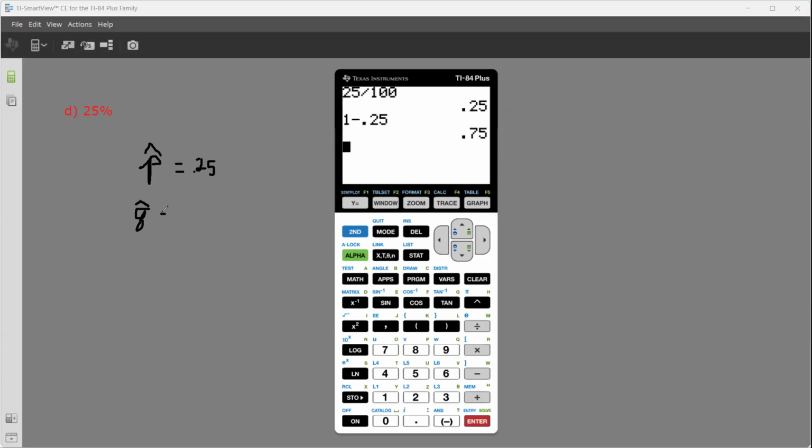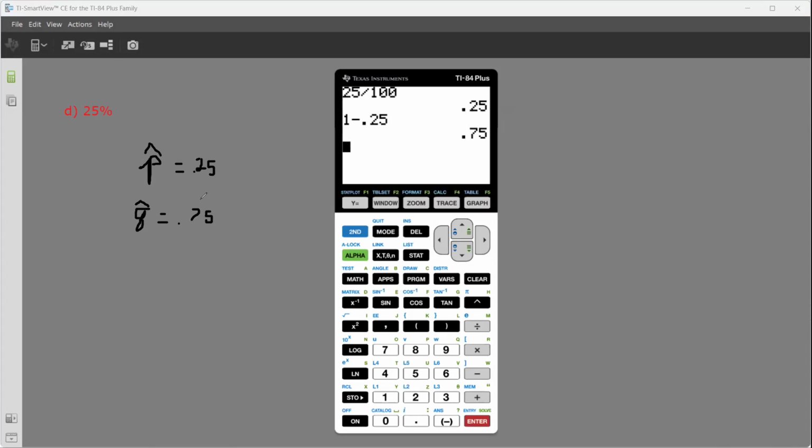Okay. And that's all that number 1 is asking for. If you happened to assign q hat as 0.25, then p hat would be 0.75. Just make sure you identify which you intended to be which, but these answers should match.